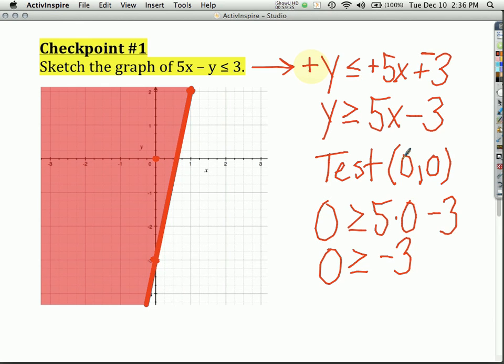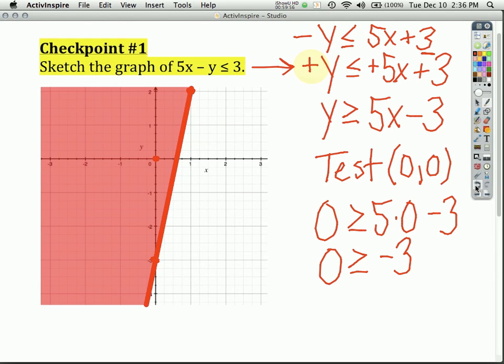The problem is that some of you saw this and you just said, oh, well, I don't need to do anything about that, and then you graph that. But you're not allowed to do that. You cannot graph, this is not slope-intercept form until this is a positive 1. So that's one reason why people had their line going in the opposite direction.